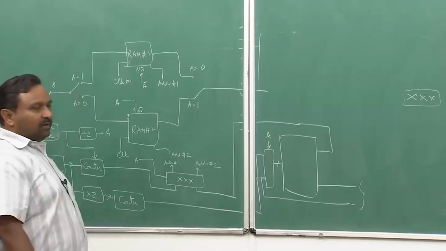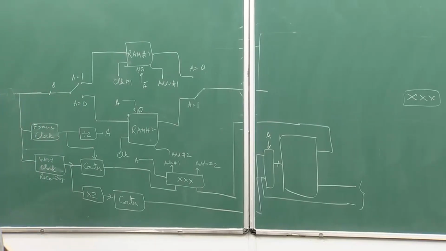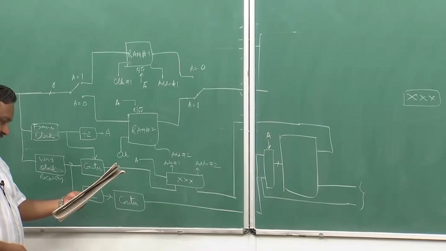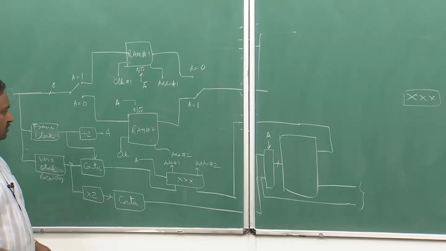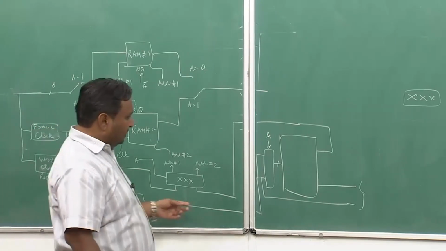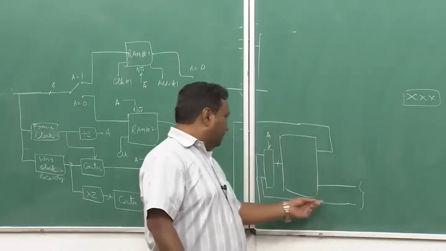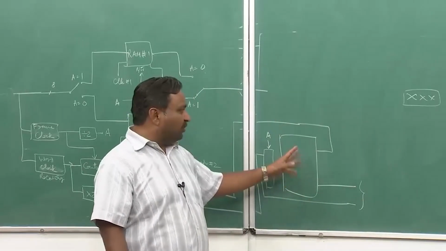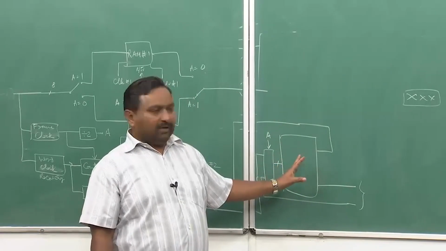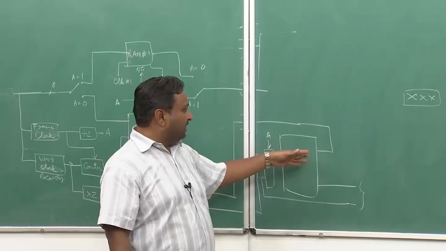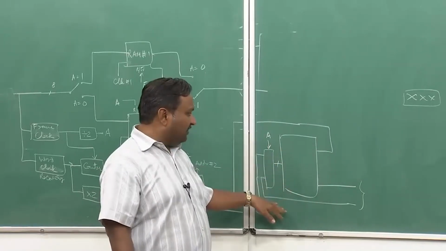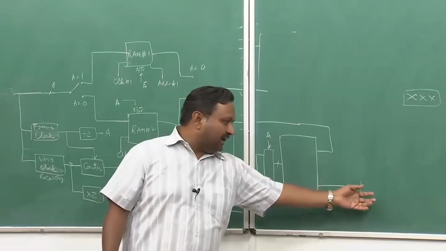But remember there is also another problem, that not only A has to be there, but you also have to now ensure that you can write down into this, because this will be operating all the time.